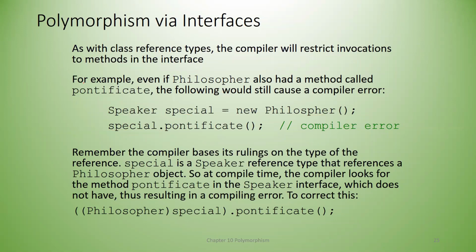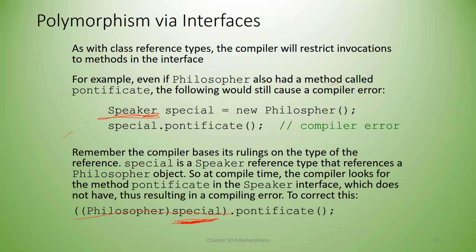Even if philosopher also had a method called pontificate, the following would still cause a compiler error, because it looks for that method in the reference type. So if you do this, it will compile. You are saying, okay, special is a speaker reference type.